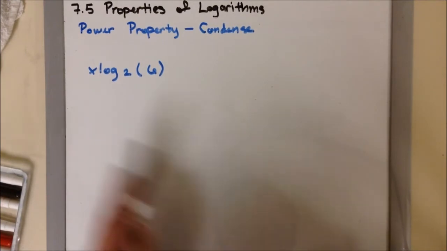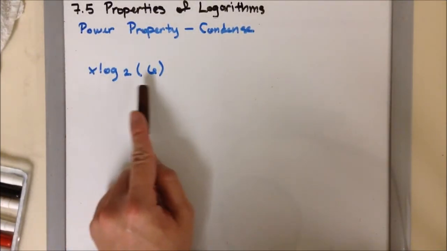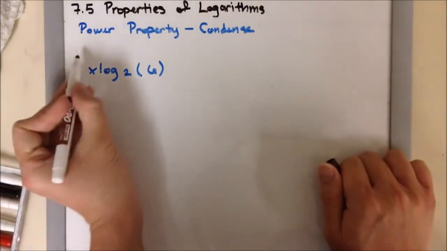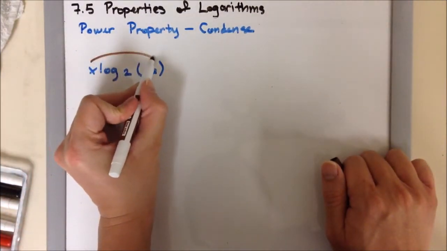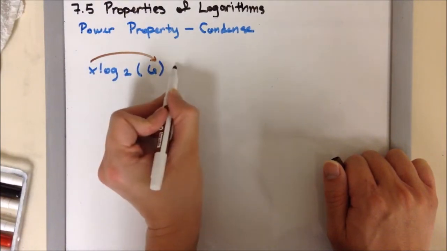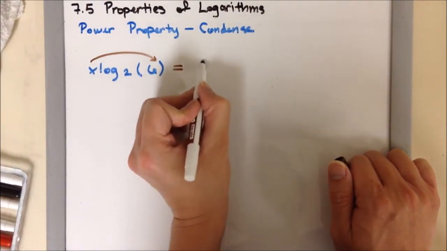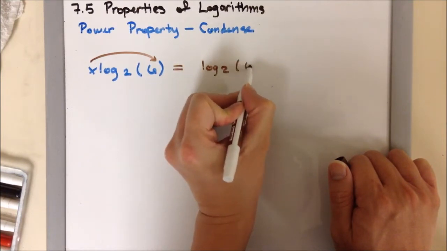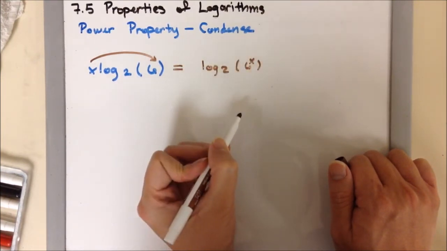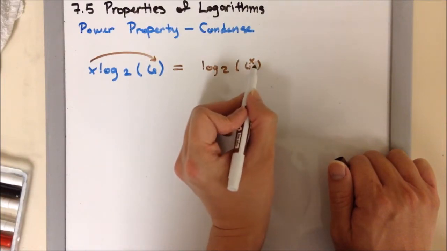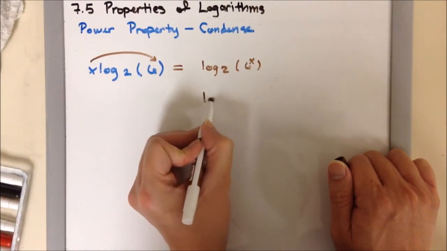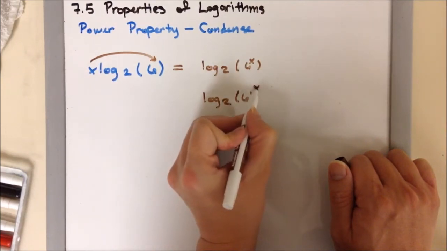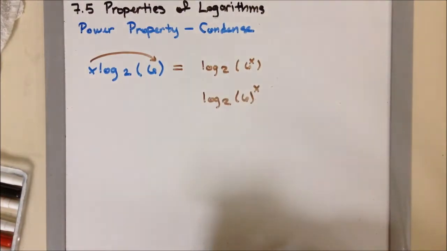In this example, I have x times log base 2 of 6. If I'm using the power property to condense, I'm going to move my x that's in front of log next to the 6 and write it as an exponent. So log base 2 of 6 to the power of x, where the x is inside the parenthesis, or you can write it as log base 2 of 6 to the power of x, where the x is outside the parenthesis.